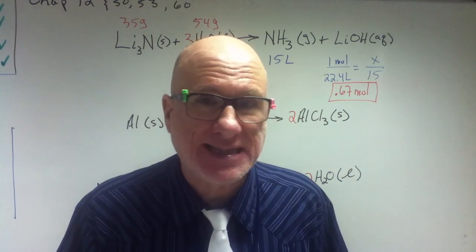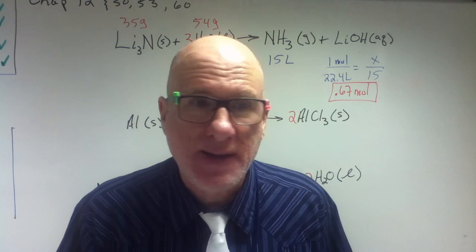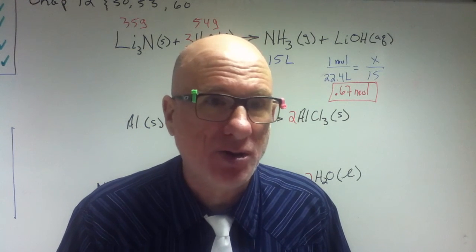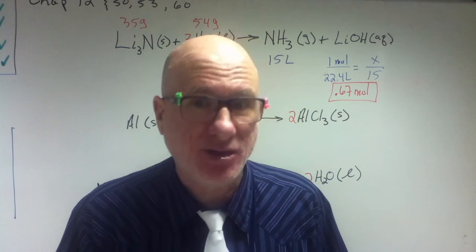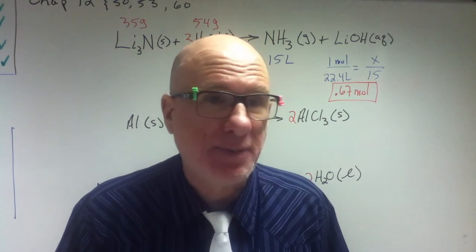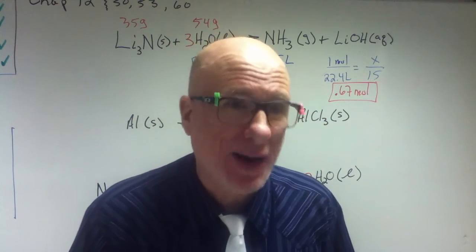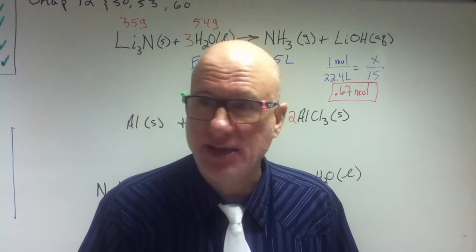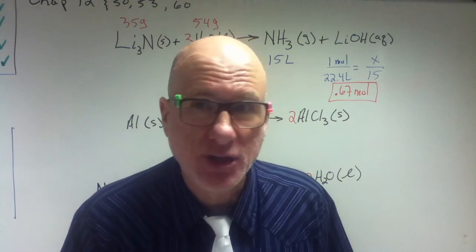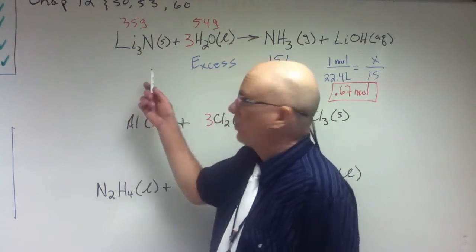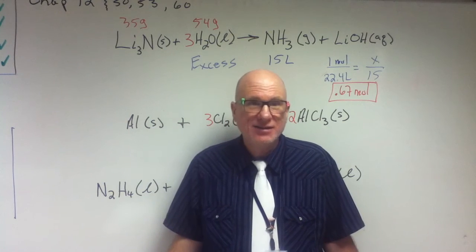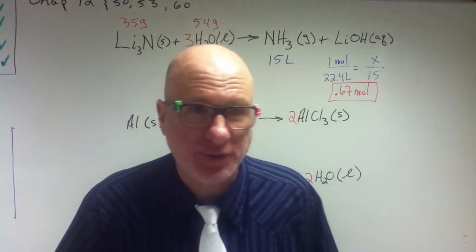But if I have 0.67 moles, how would I determine the number of grams? Proportion. You could set up a proportional relationship, or you could just answer the question. Wouldn't you say, what's 0.67 of 35?